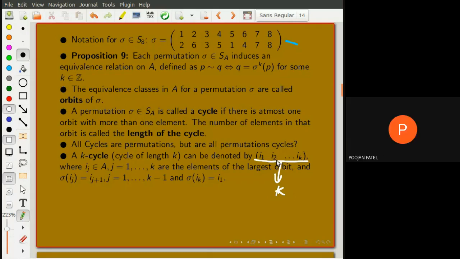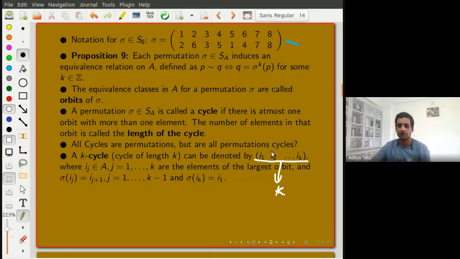Yes, sir. I1 goes to I2, you apply it again, I1 goes to I3, and so on. If you apply it k times, I1 will come back to itself, and so is the case for all other elements. So a k-cycle has order k. Computing the order of one cycle is easy.